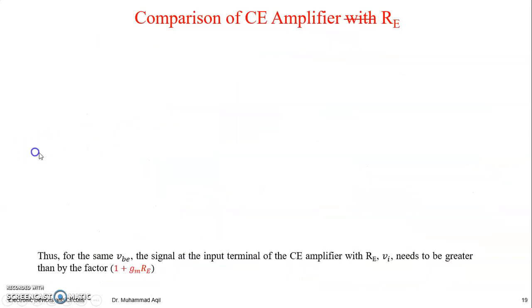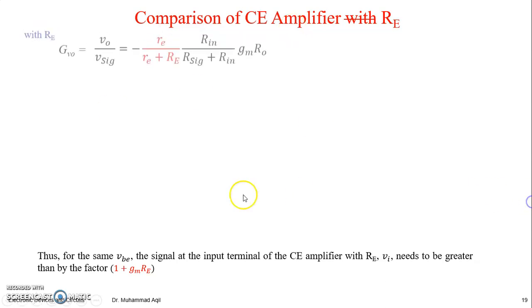Okay, let's go further. We are actually comparing the common emitter amplifiers with Re and without Re, to see what the advantages of using Re or not using Re are, and what the disadvantages are.